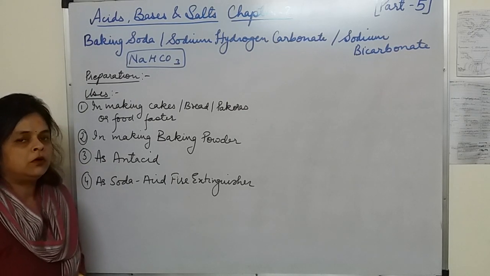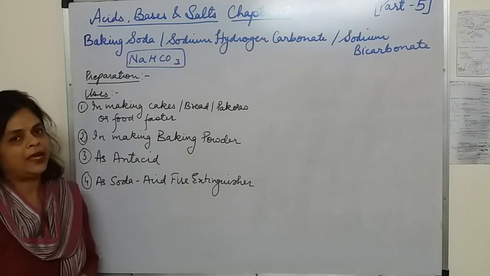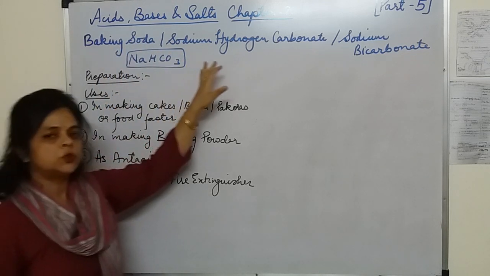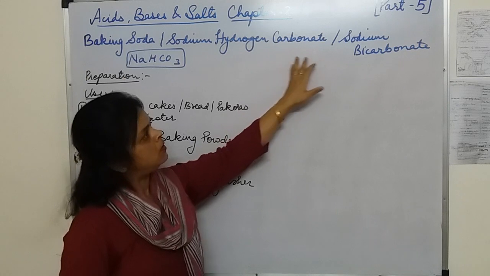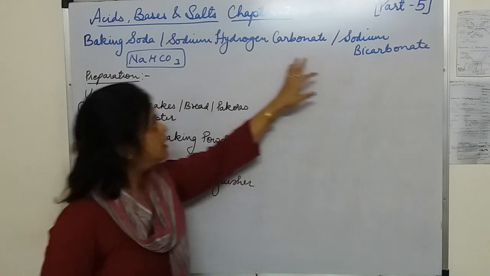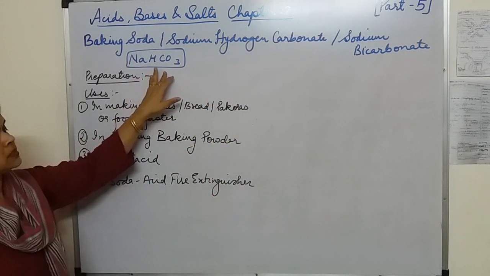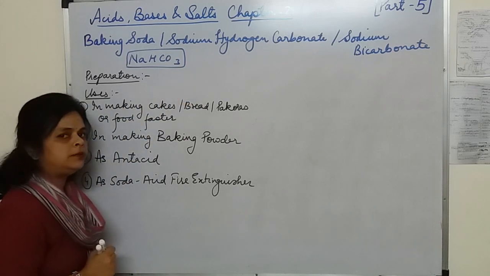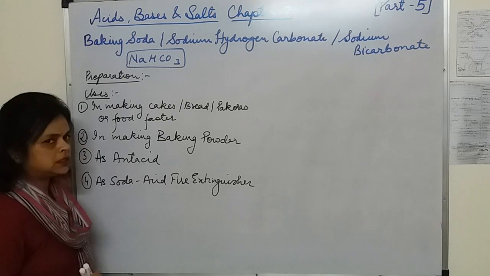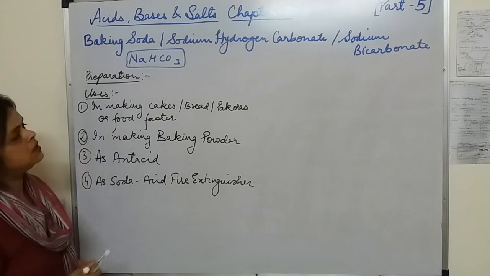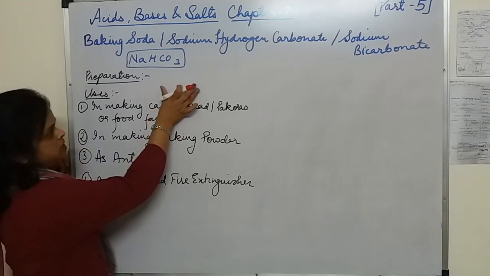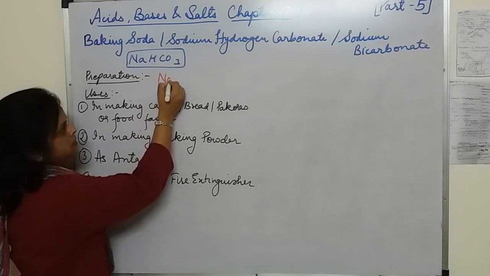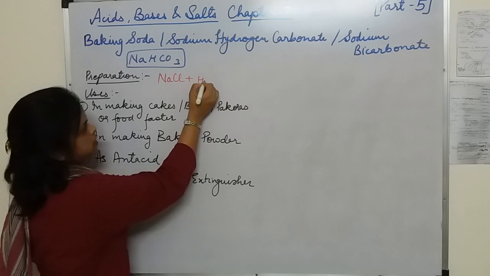The third compound or the substance which we are preparing from NaCl, it is the baking soda, which is also called as sodium hydrogen carbonate or sodium bicarbonate. Its formula is NaHCO3. First we have prepared sodium hydroxide, second we have prepared bleaching powder, and this is the third one. First let's see the reaction, how it is prepared. Students, first I will write the brine. Okay, what is the formula of brine? NaCl plus H2O.